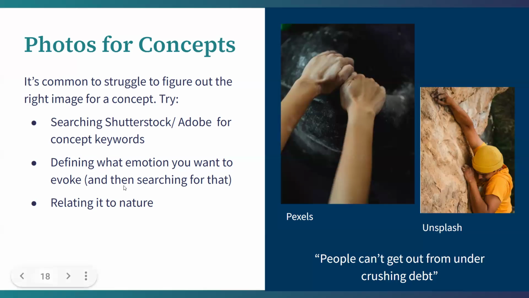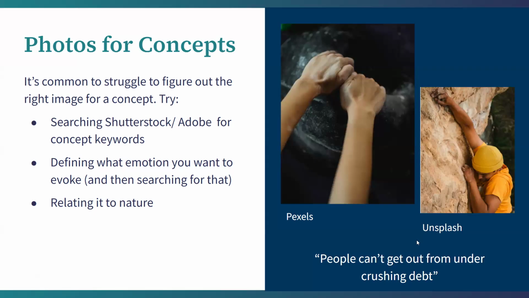Also, think about what emotion you want to evoke. As I was looking for boulders, it started giving me precariously balanced boulders, and I liked that. So I said, oh, well, what about precarious? And I got to some of these.